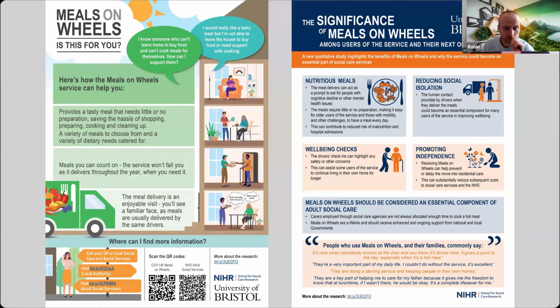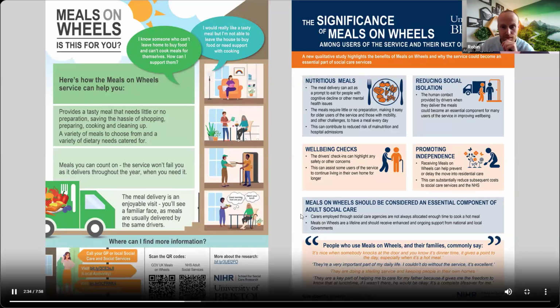So how can they find out more about whether they can access Meals on Wheels? The infographic on the right also reports the benefits of the service as reported from my research, but in a more scientific way, if you like. So this is mostly targeted to commissioners of services or policymakers with the aim to inform discussions about the future of Meals on Wheels in England.